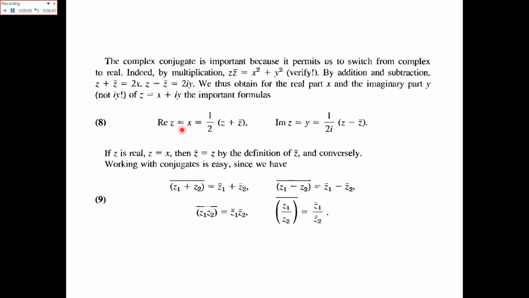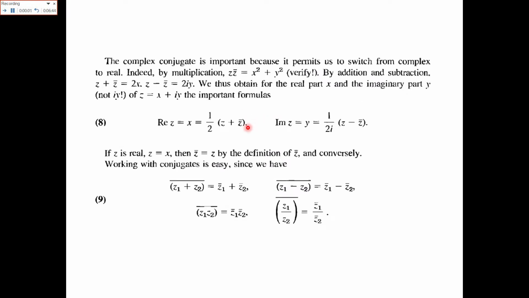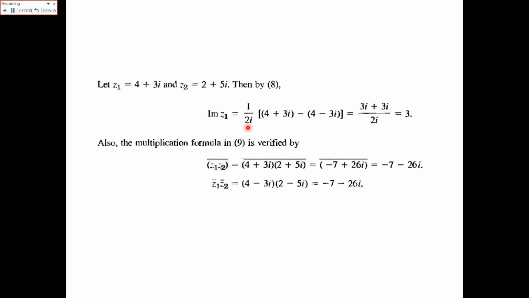So as it was given for real z, x is equal to 1 over 2 times z plus z bar, we will do that: 1 over 2 (4 plus 3 iota plus 4 minus 3 iota), so it will give us the real number.